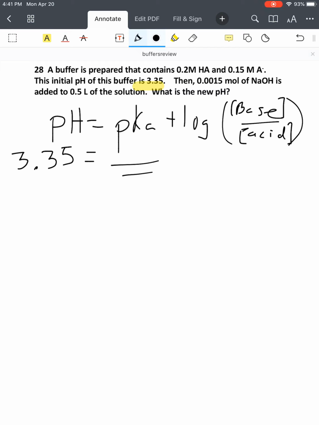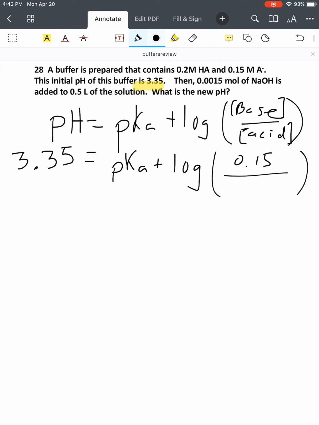I'm going to take my 3.35 pH and set it equal to my pKa plus the log of the ratio between the base and the acid concentrations, which of course is 0.15 molar divided by 0.2.